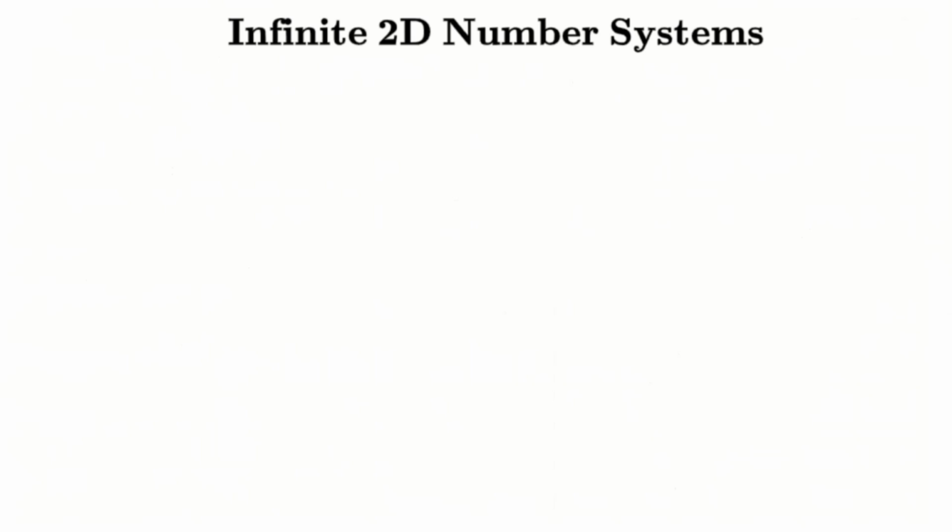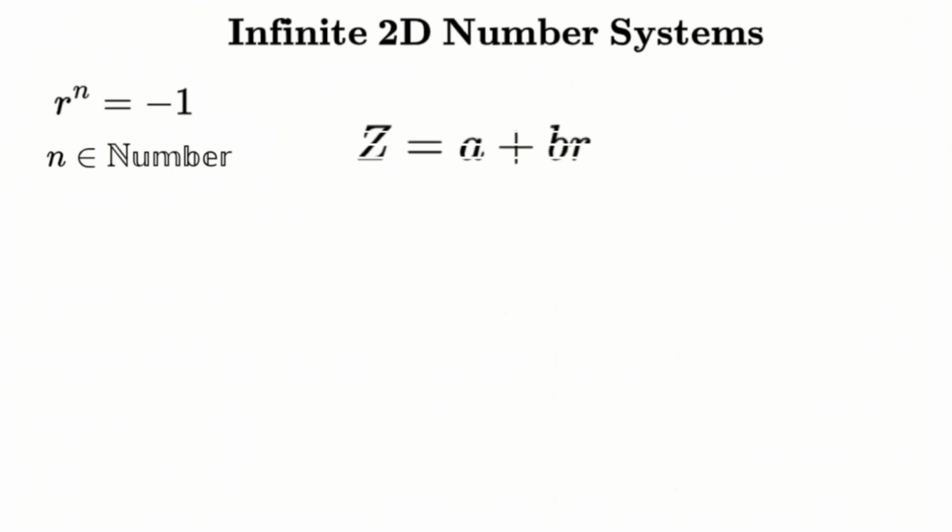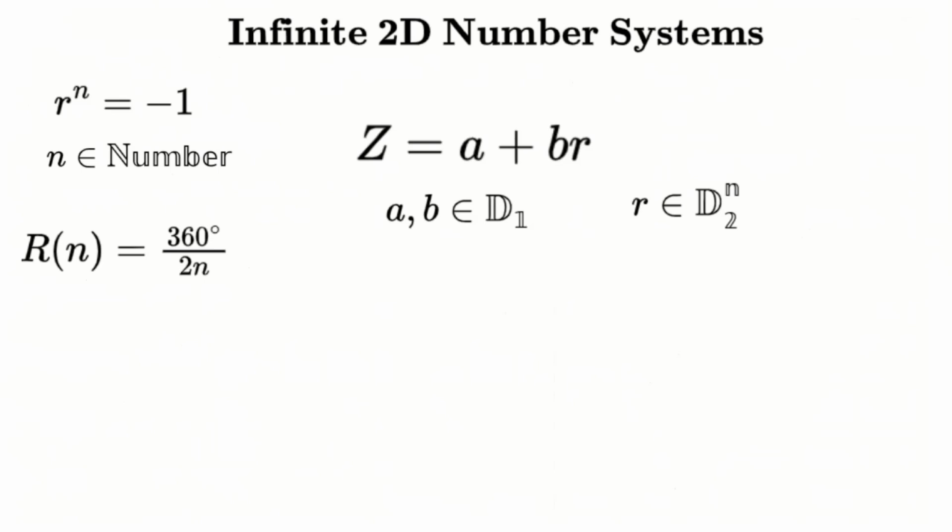Yes, and here's how. Let's define a generalized two-dimensional system using a unit r, with the rule r raised to the power of n equals -1, where n is a positive integer greater than 1. Just like before, we define a number in this system as z equals a plus b times r, where a and b are real numbers, the lower dimensional coefficients. r is the unit that rotates by an angle of theta, which equals 360 degrees divided by 2n.